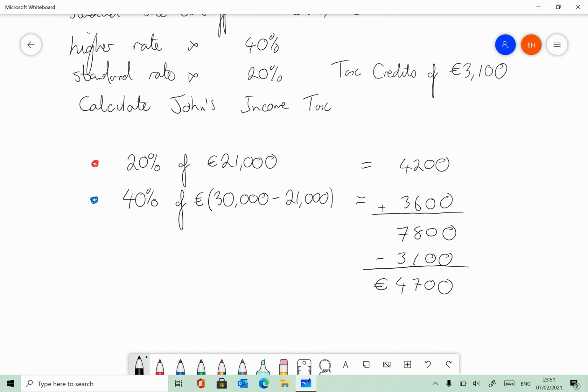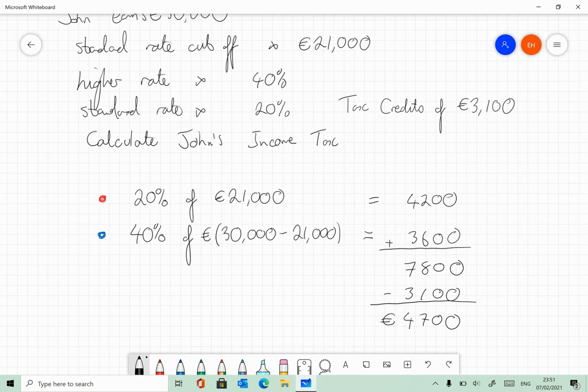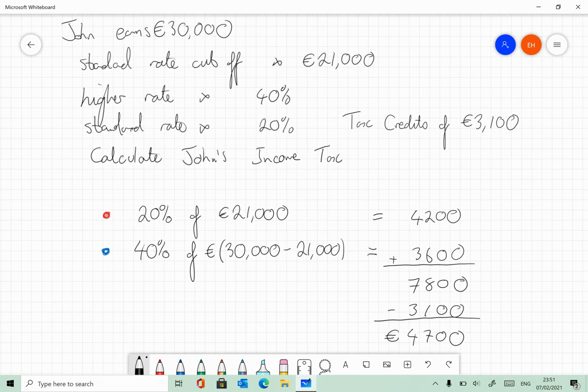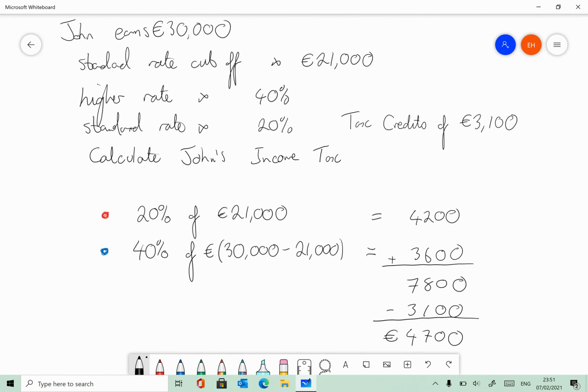So John only has to pay 4,700 every year. Okay, so he earned 30,000 and he's going to hand over 4,700 euro in income tax, or in PAYE. So that's the structure of the question.